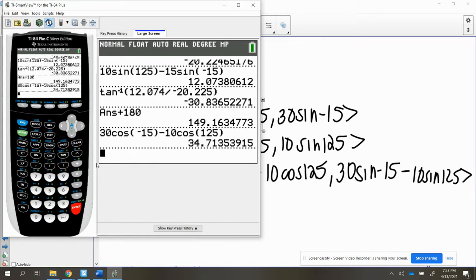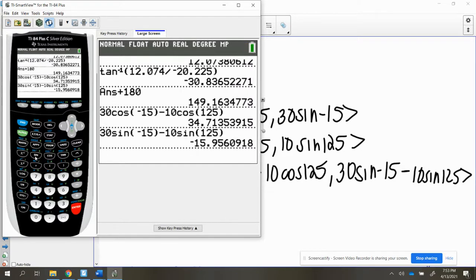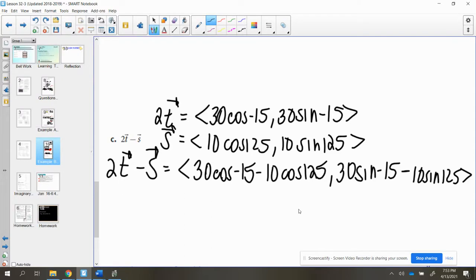The A component is about 34.7. And then same thing, 30 sine of negative 15 minus 10 sine of 125 is about negative 16. So we'll just round to the nearest tenth this time, 34.7 and then negative 16.